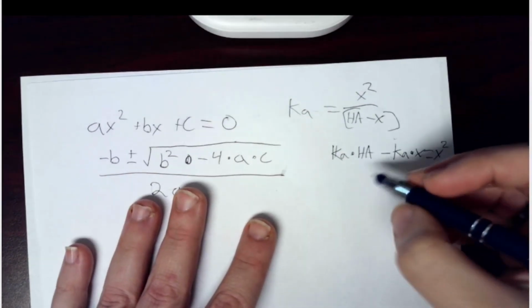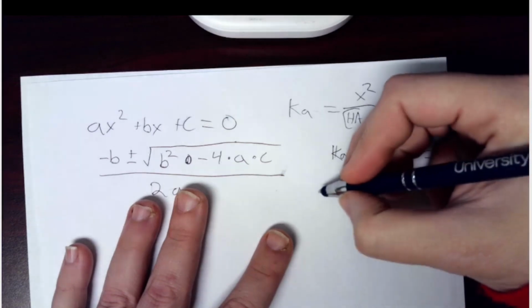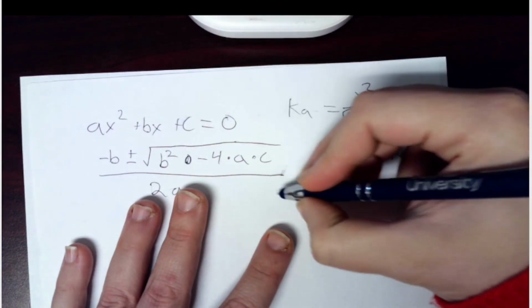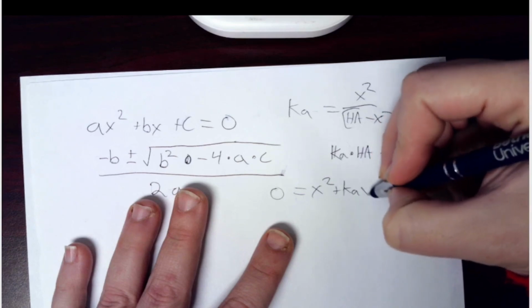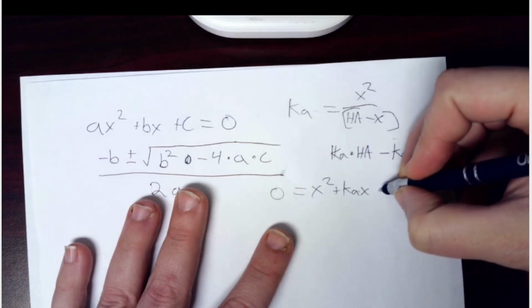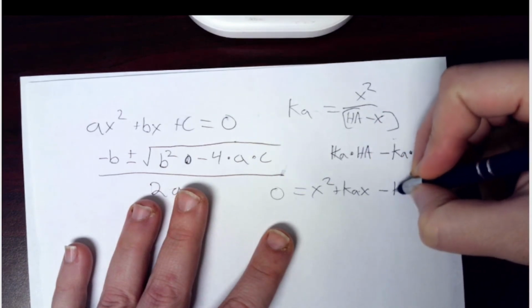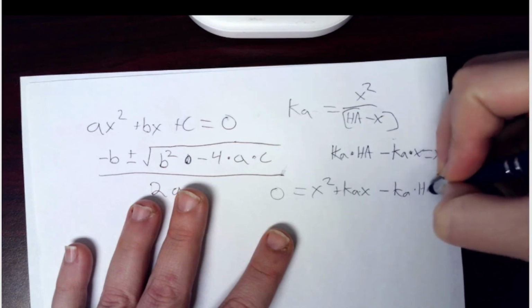Now, getting everything to the other side, so this equals 0, you'll have x squared plus Ka x minus Ka times our HA equals 0.